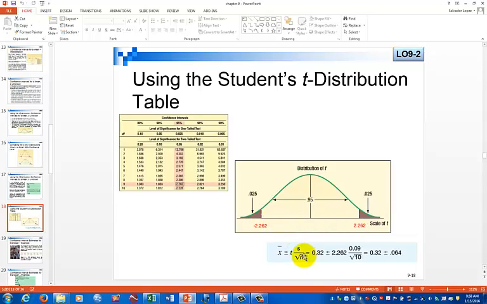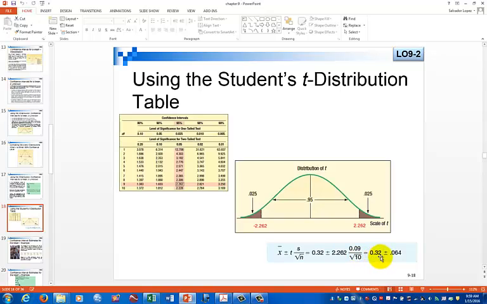So what is the confidence interval? X bar plus minus t times s over the square root of n equals 0.32, the sample mean, plus minus 2.262, the t-value, times 0.09, the standard deviation of the sample, divided by the square root of the sample size, the square root of 10.